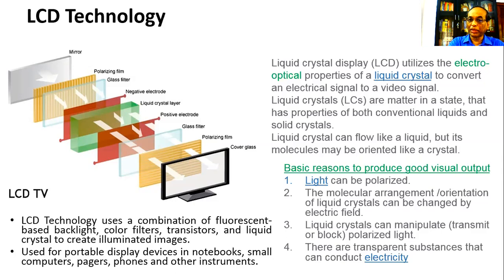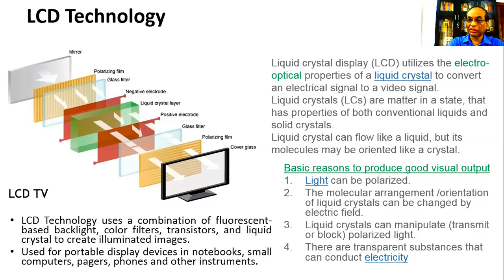Liquid crystal can manipulate, either transmit or block, polarized light. So the light basically is a polarized light, and then with the help of the electric field, the liquid crystal orients its molecular arrangement so that sometimes it will allow the polarized light to pass through it, and sometimes it will block.